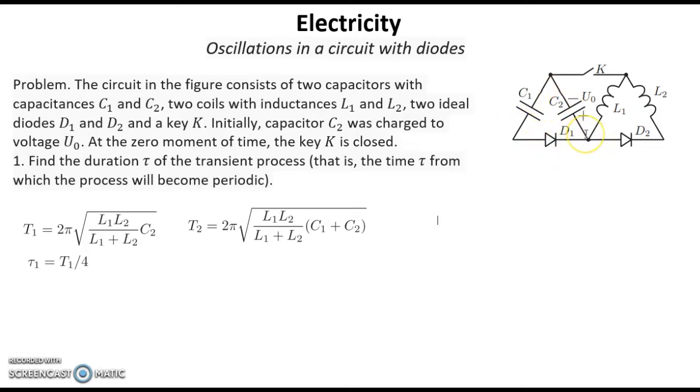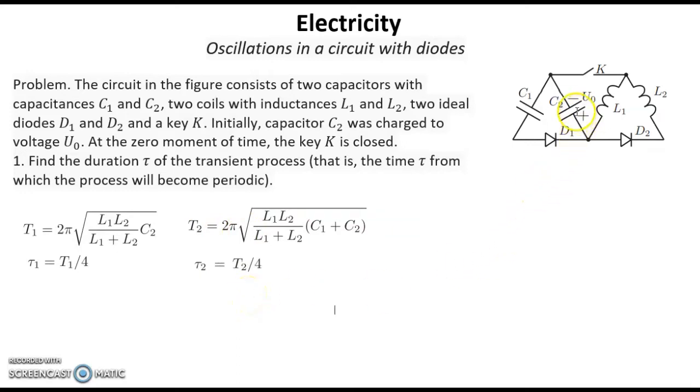So this capacitor was charged to the maximum, and after that it can be excluded from the whole process. We will show why. The length of this second process will again be a quarter of this second period T2. That's this one.